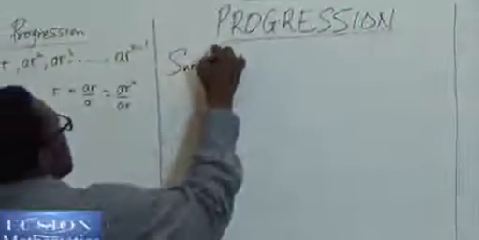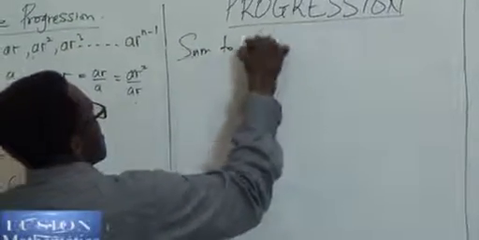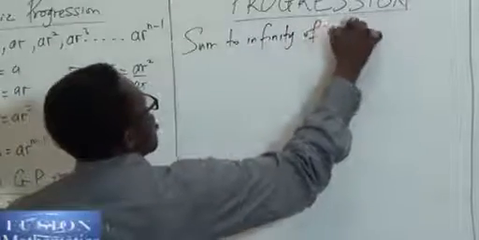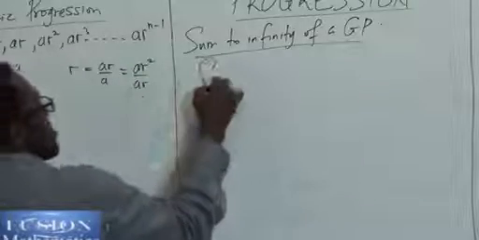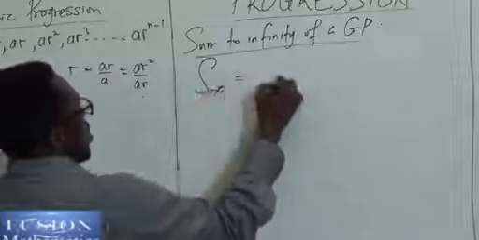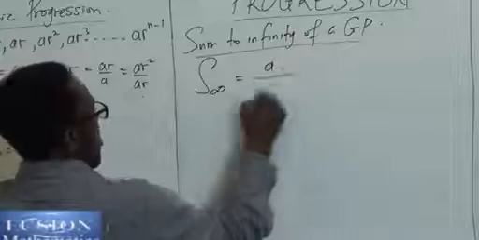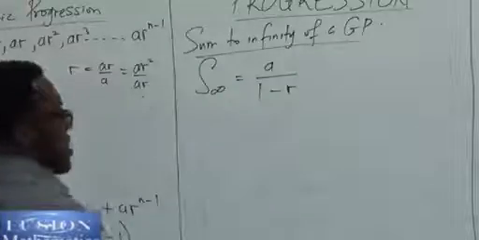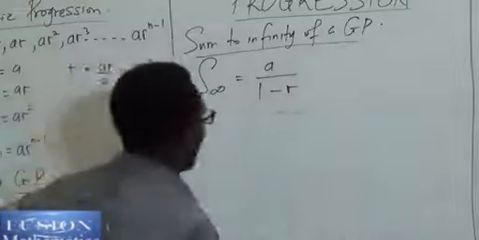Also, we look at the sum to infinity of a GP. Now the formula for this is equal to a all over 1 minus r, where a is the first term, r is the common ratio.